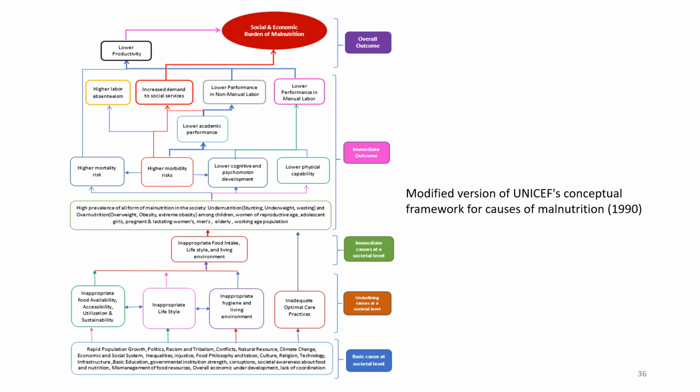It also increases the demand for social services, including health services. And all of these things, including the lower physical capabilities, will also result in lower performance in manual or manual-intensive labor. So all these problems will result in social and economic burdens of malnutrition on nations.